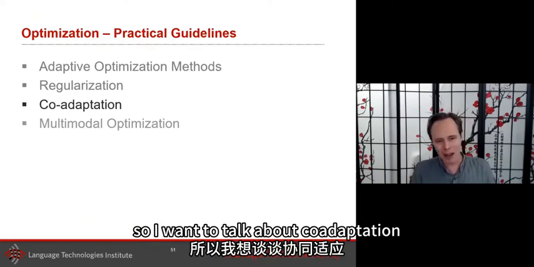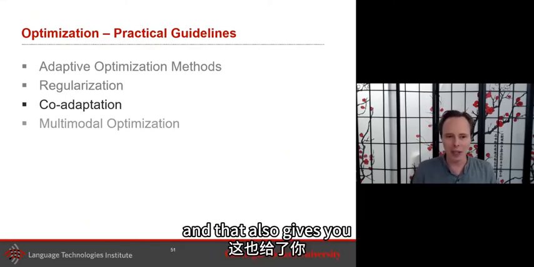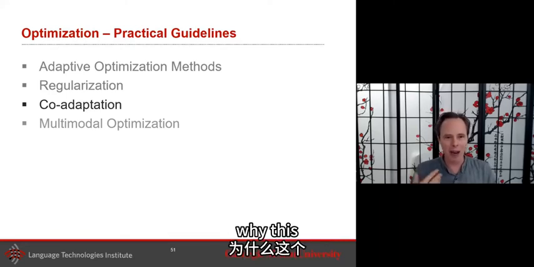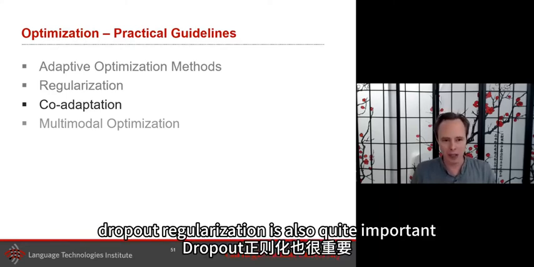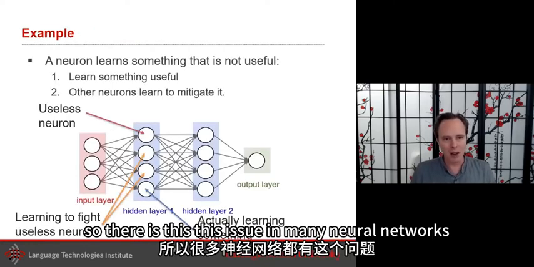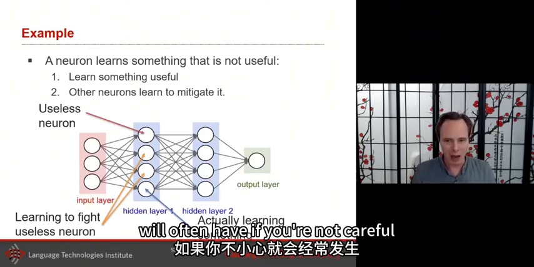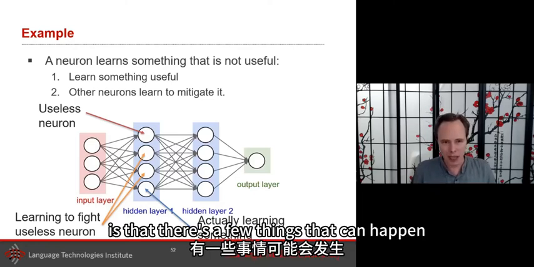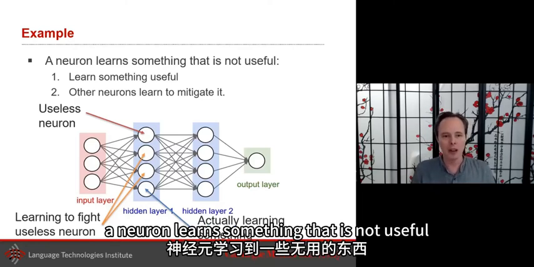So I want to talk about co-adaptation, and that also gives you an intuition about why dropout regularization is quite important. There is this issue in many neural networks, multi-layer perceptrons in particular, if you're not careful: a neuron can learn something that is not useful.